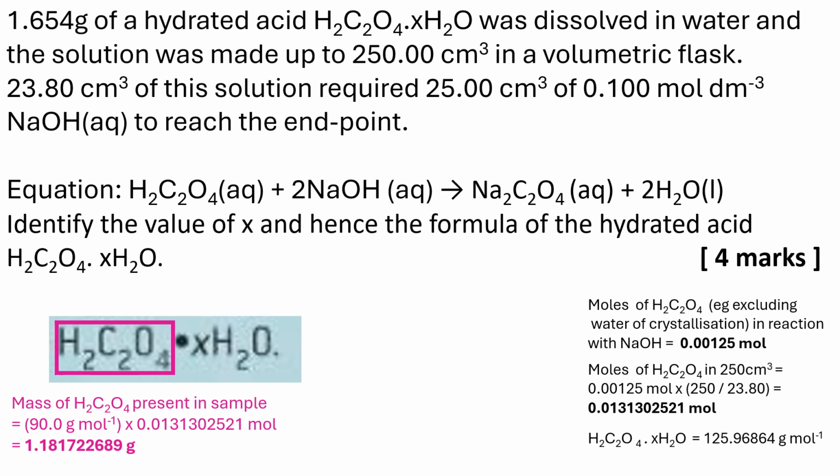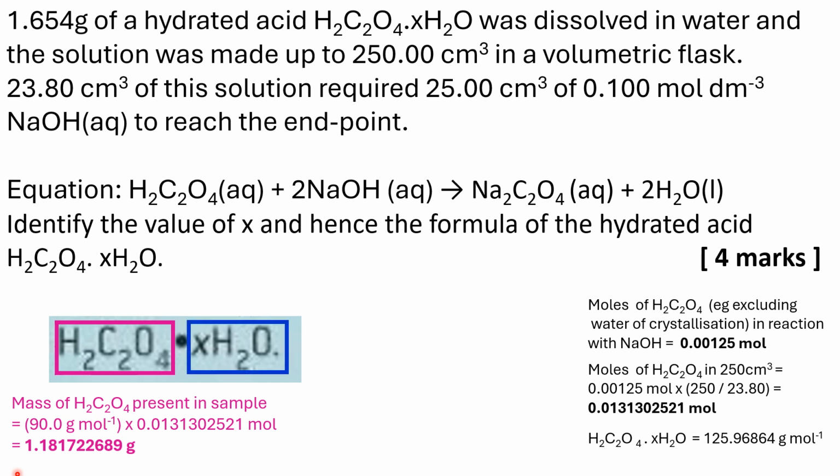We're separating those two parts of the hydrated salt out. So H2C2O4 just on its own adds up to 90 grams per mole. You multiply that by the number of moles of hydrated salt that we've just worked out. The hydrated salt and the anhydrous salt will have the same number of moles because there's only one of these present, one H2C2O4. This is the thing we're trying to get.